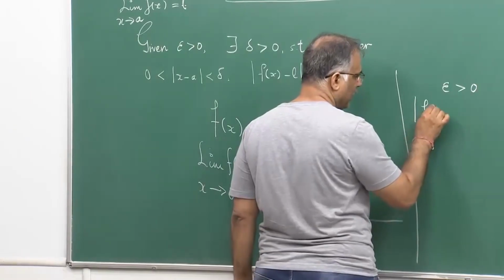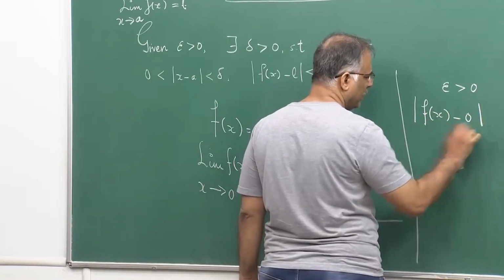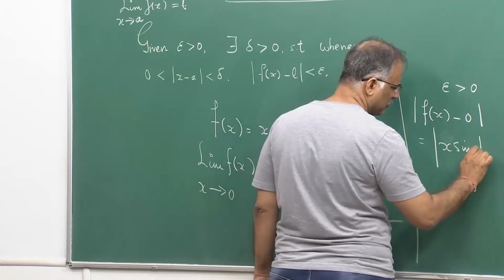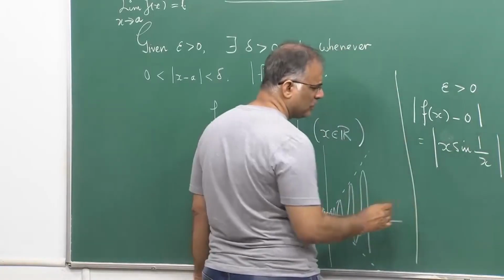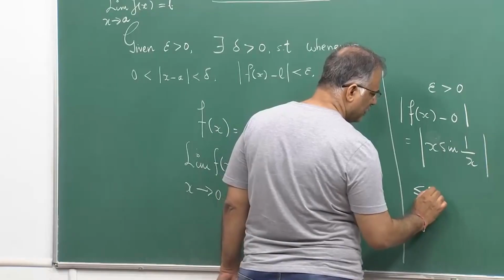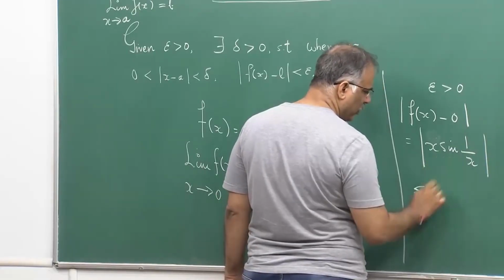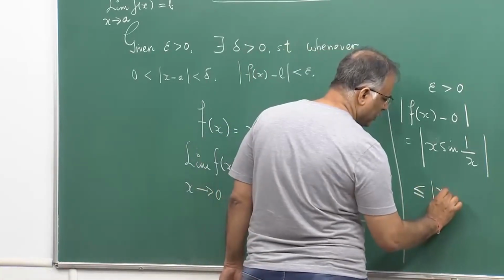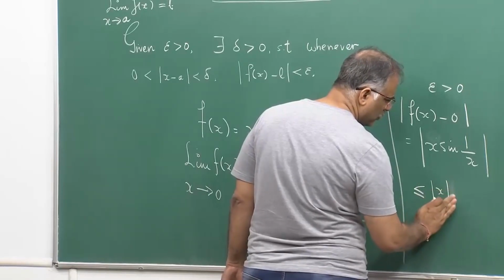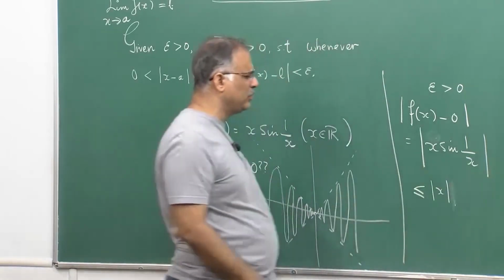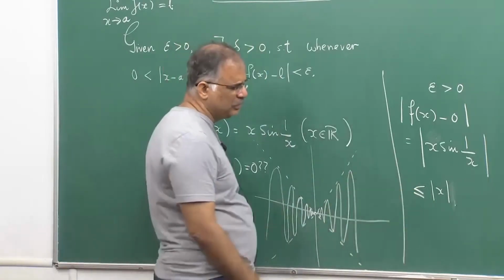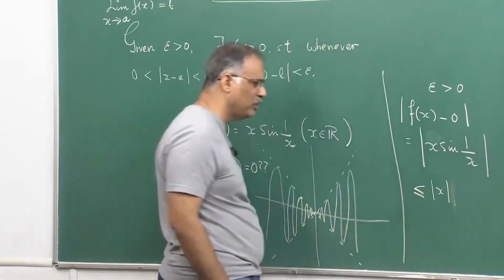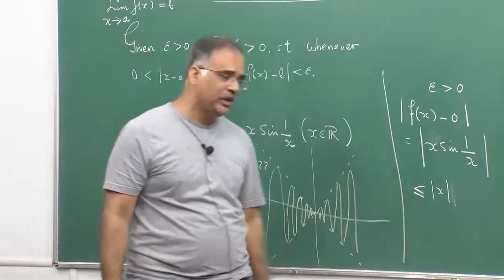If the limit L is 0, then I am looking at |x sin(1/x)|, which is the same as |x| into |sin(1/x)|, and |sin(1/x)| is less than or equal to 1. So, this is less than |x|. So, we will straight away get into this inequality.